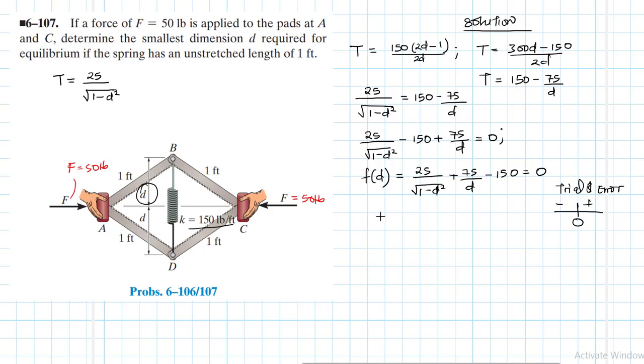Things to take note of: D cannot be equal to 0, because once it is equal to 0, this part becomes undefined. D also cannot be equal to 1. If it became 1, then this part becomes undefined. And again, D cannot be greater than 1, because if it did, this part here will have a negative value.